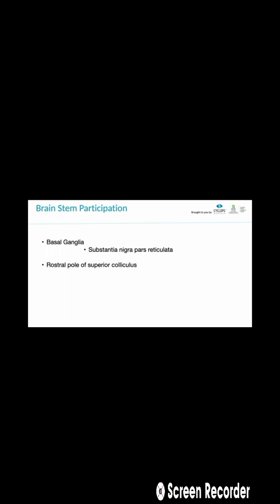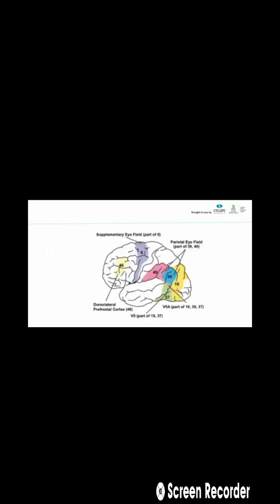In this picture, you can see the areas which we have dealt with till now. These are the parietal eye field areas, which include the lateral intraparietal area, the LIP, and area 7A.